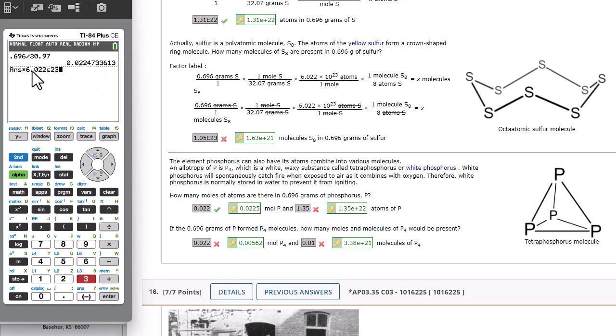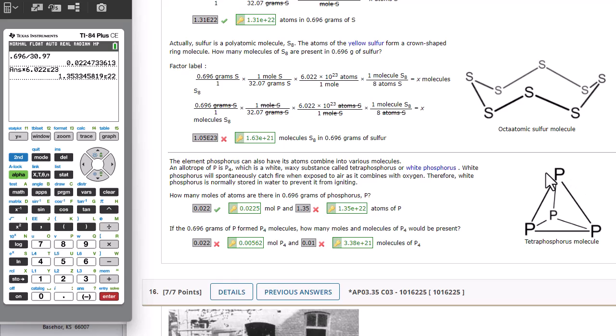That's why we picked this 6.022 times 10 to the 23, so we'd have a manageable number to deal with. That's our 1.35 times 10 to the 22. We'd expect a huge number of atoms to be present within even this small sample. And now we've got that answer.